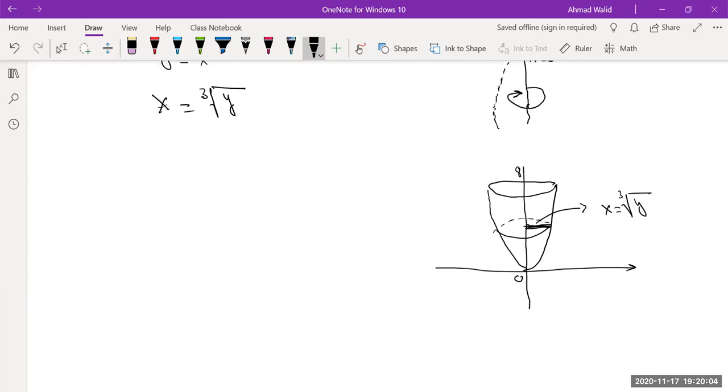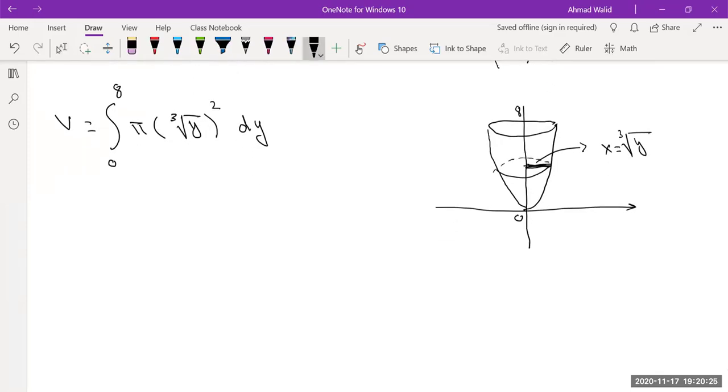Now you can write V equals integral from 0 to 8 pi times the function, which is cube root of y, squared, but dy, not dx, correct? Just simplify and find the integral.